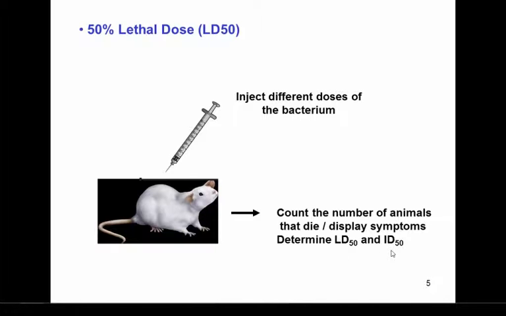If you're counting the appearance of symptoms, then you'll determine the 50% infectious dose. So you'll generate a curve like this. This is the rate of mortality, or morbidity if you're just looking at symptoms, as a function of the injected dose. So at a very low dose, none of the animals will die or get infected. At a very high dose, all of them will be infected. And the 50%, the LD50, is where this curve cuts the 50% line here.